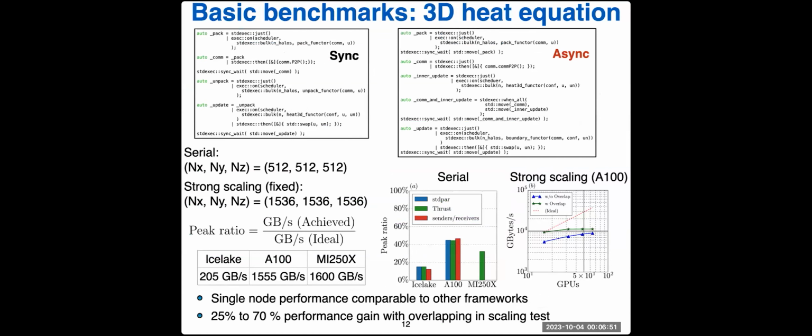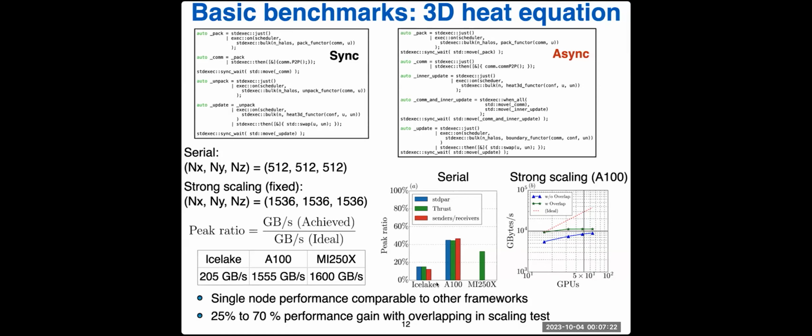If we then compare the performance with the other language-based models like std_par and Thrust, for the performance test, measured in the peak ratio, they are using the memory bandwidth achieved over the ideal bandwidth, on Ice Lake, Hopper and MI250X. And we got good performance of senders receivers on NVIDIA GPU, but it's less performant compared to the other frameworks on Ice Lake.